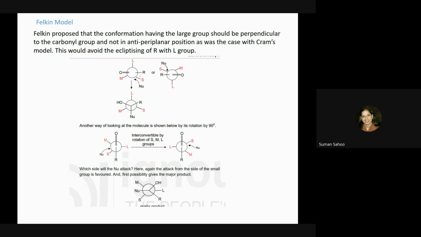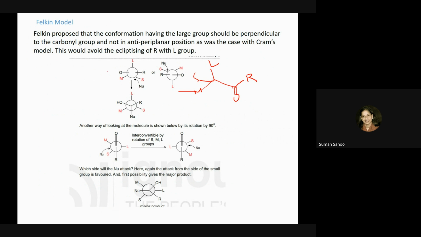So in this case he has taken this Newman projection in a staggered conformation. Here also, like you see, this is the carbon. Suppose we have a large group, a medium group, and a small group.